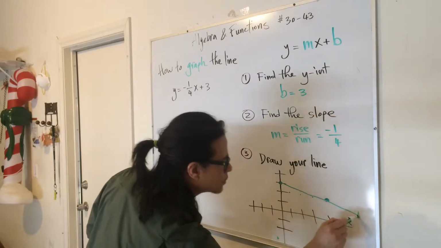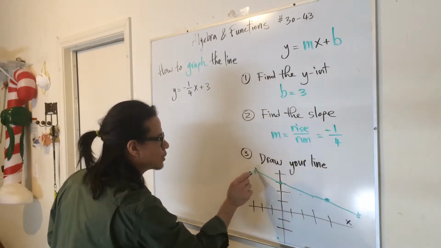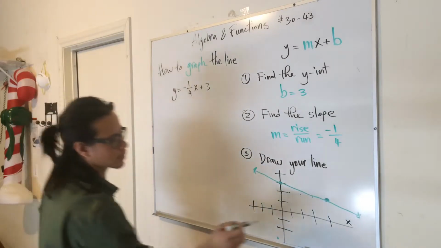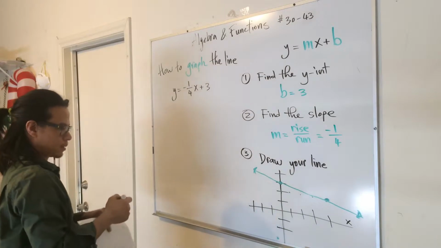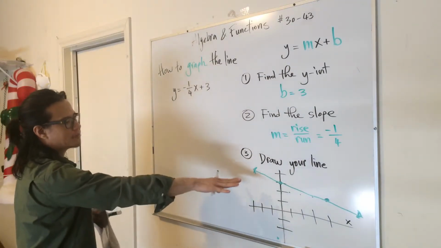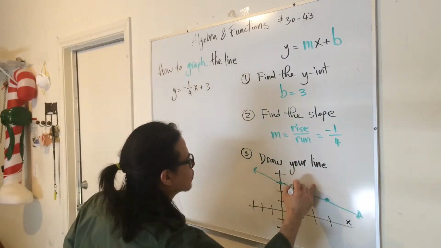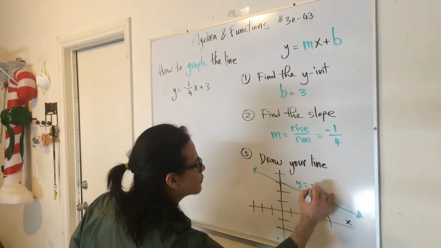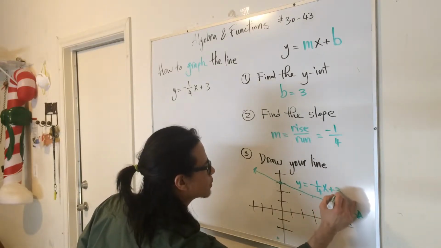Whenever you have 2 points, you ought to be smiling because you know that you can draw your line. So what we have there is a line that represents the equation y equals negative 1/4 x plus 3.